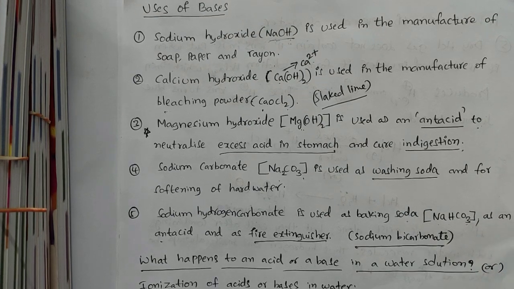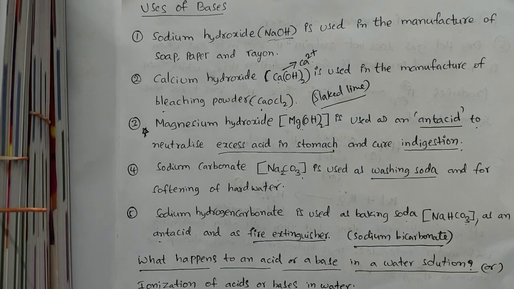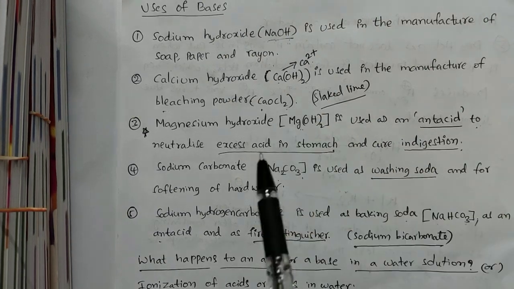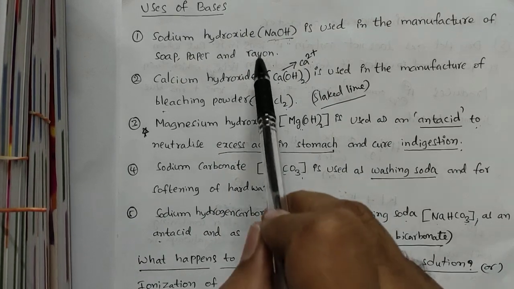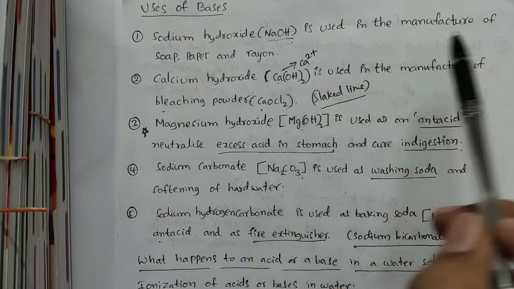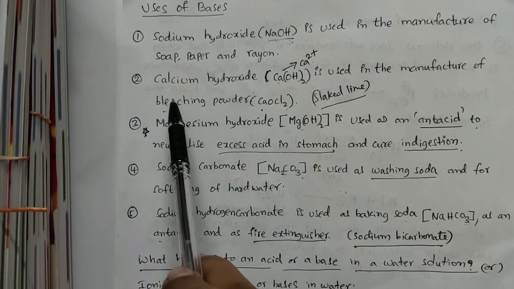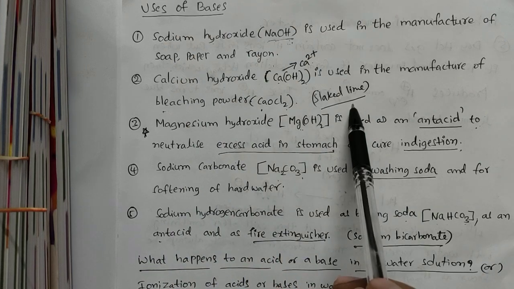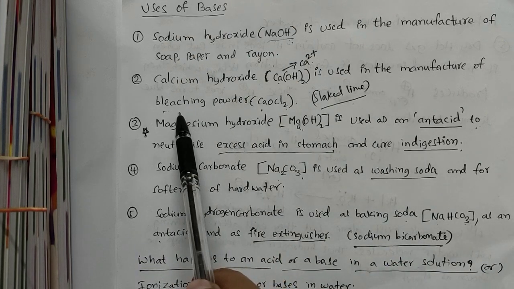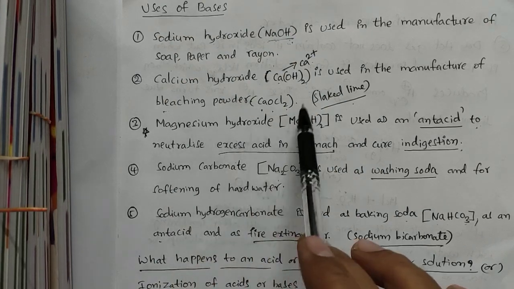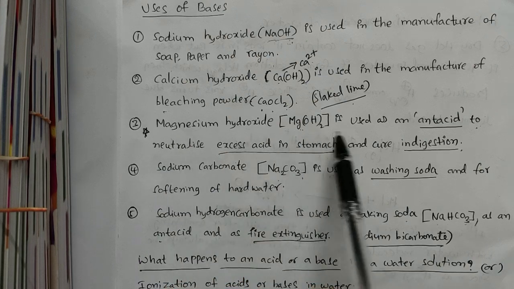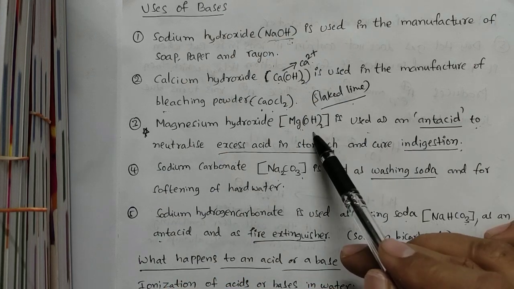So we have discussed five important bases. The first is sodium hydroxide, then calcium hydroxide, magnesium hydroxide, sodium carbonate, and sodium bicarbonate. Sodium hydroxide, NaOH, is used in the soap, paper, and rayon industries. Calcium hydroxide is called slaked lime. It is used in the manufacturing of the important chemical bleaching powder, which has many applications. Magnesium hydroxide is a weak base.